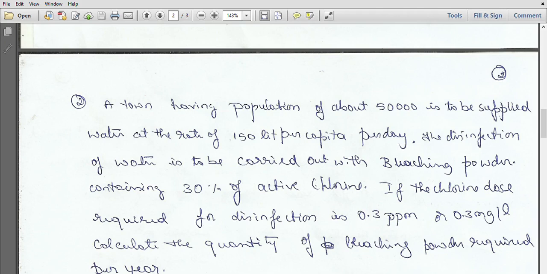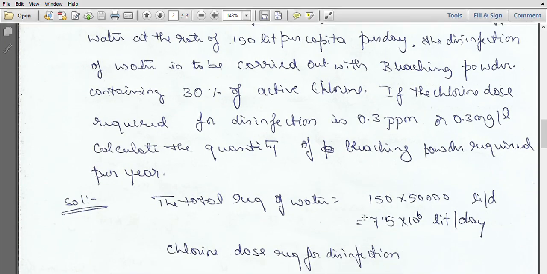Now they are given the population of 50,000 and the rate of water demand is 150 liters per capita per day. So what is the total water required? That is 50,000 into 150 liters per day, that is equal to 7.5 into 10 raised to 6 liters per day. It's a simple calculation.